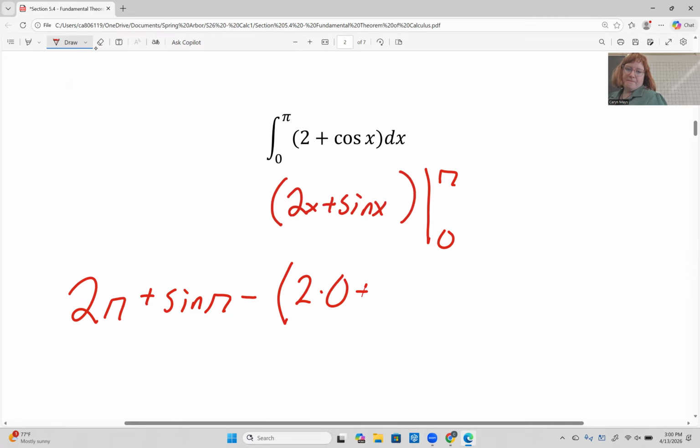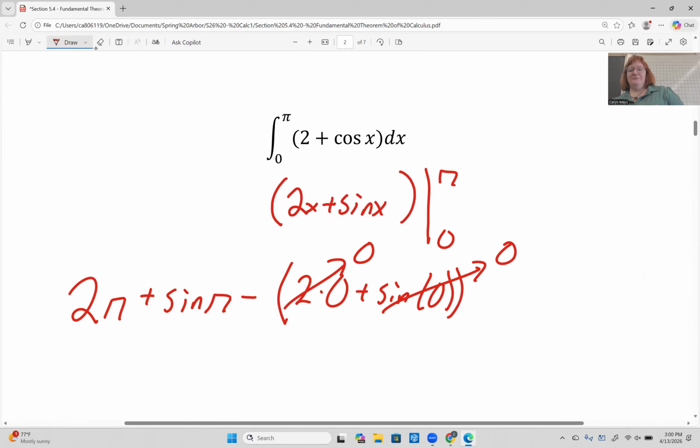Plug in 0. Working this way over. What is sine of 0? 0. 2 times 0?